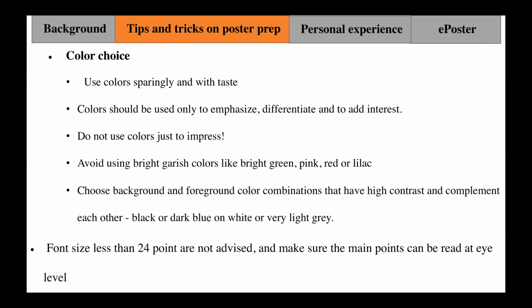It is also very important to choose the best color. You should select a color that is not too shiny. Avoid using bright or grayish colors. Choose a background and foreground that have a good combination with each other. For example, a black and blue background with a white foreground so that it can be read and seen clearly.